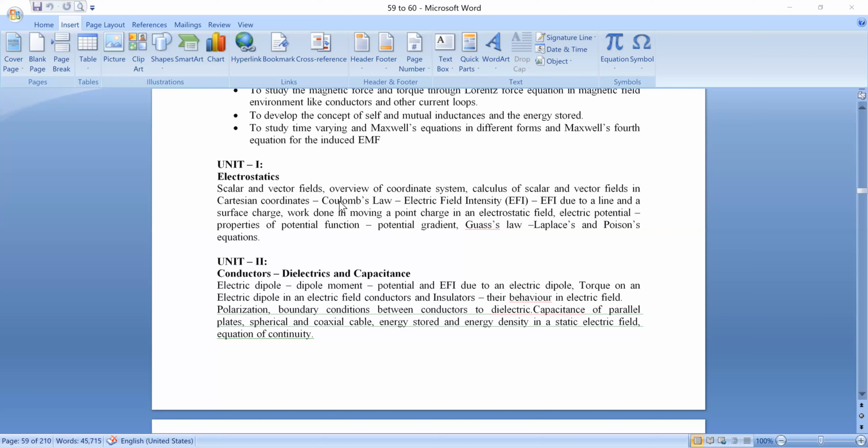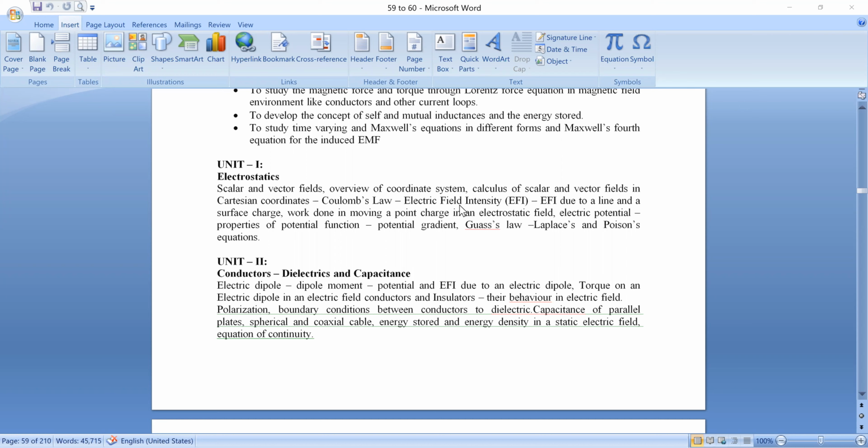In this chapter we discuss two laws, that is Coulomb's law and Gauss law. Based on Coulomb's law, here we discuss electric field intensity in different cases.